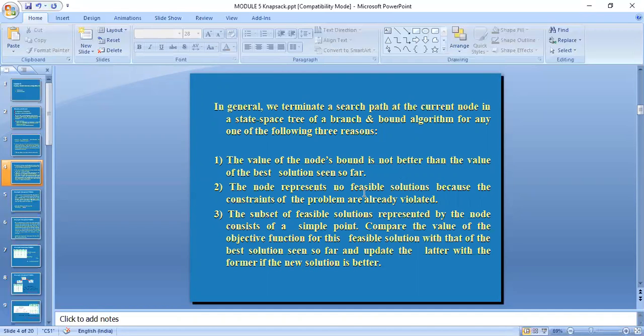So based on the feasibility also, you will be saying it. When you compare the values of the objective function also, we will be choosing the better one. So whatever we have got later will replace the former. Okay, so these are the three reasons where usually we terminate a search path.